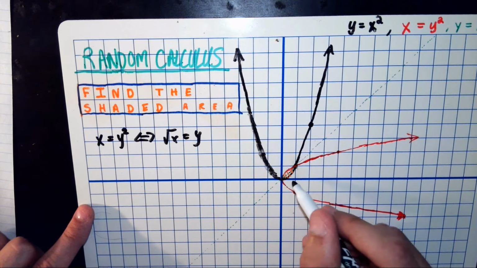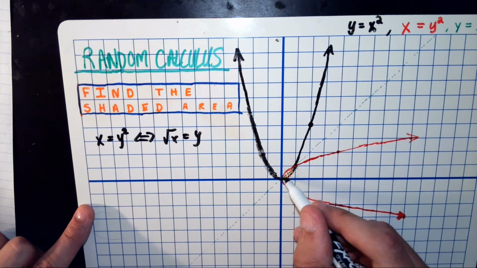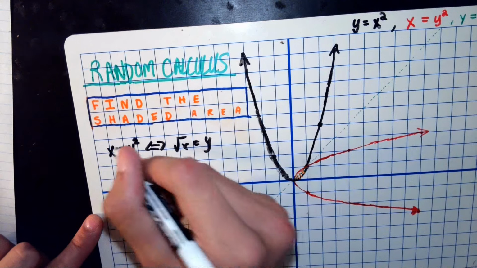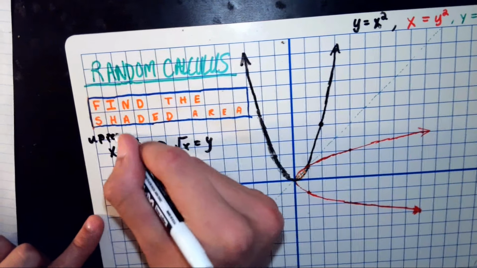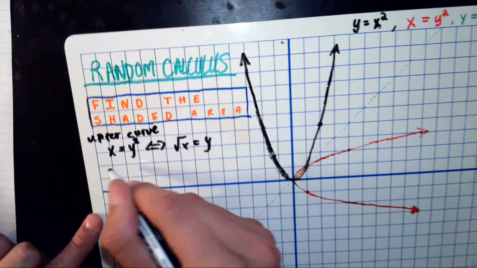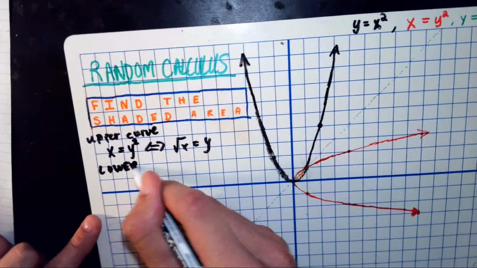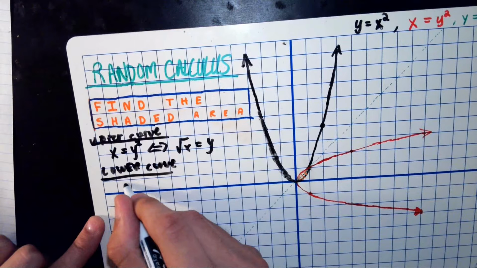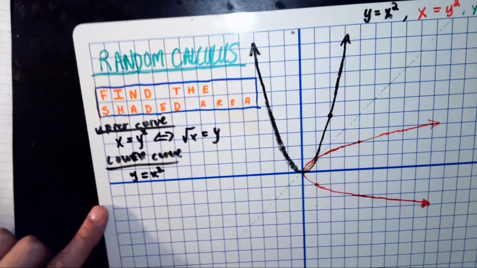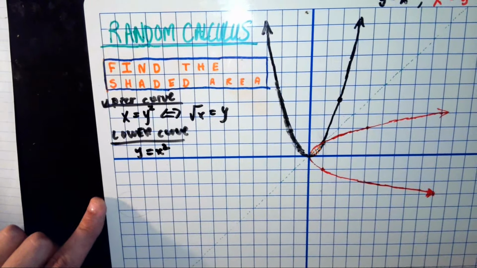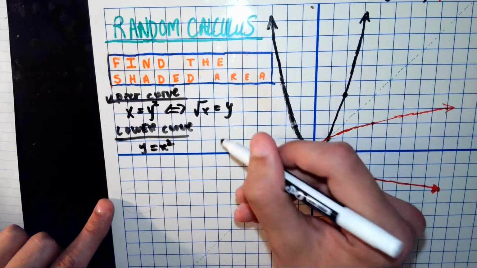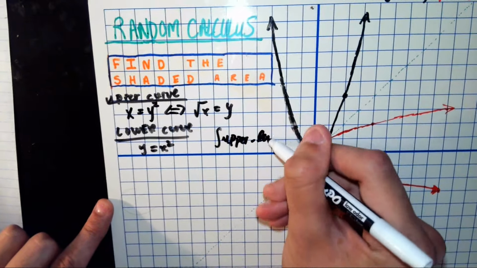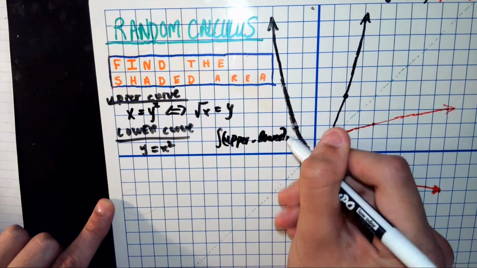And of course, the lower curve we already know is this black one, which is y equals x squared. All right, awesome. So now that we have all that, in general, it's always upper minus lower dx.